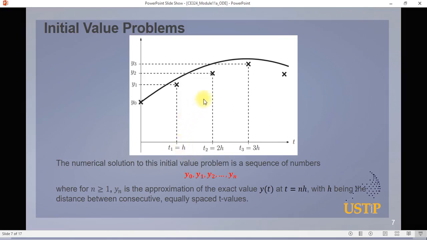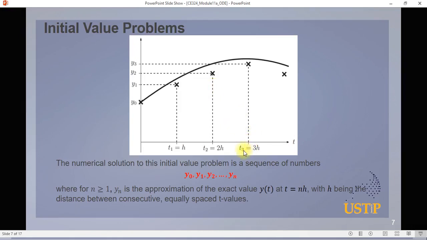Then the next step uses t2, which is equal to 2h, because we just add another distance h. So 1h plus 1h is equal to 2h, and then we solve for y sub 2. That's why it is a sequence of numbers.